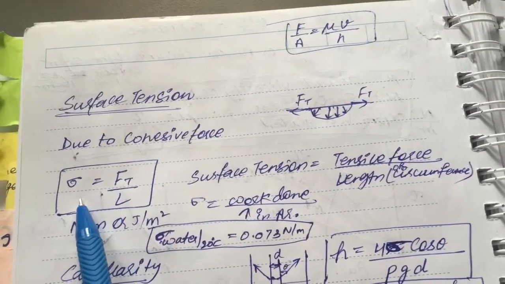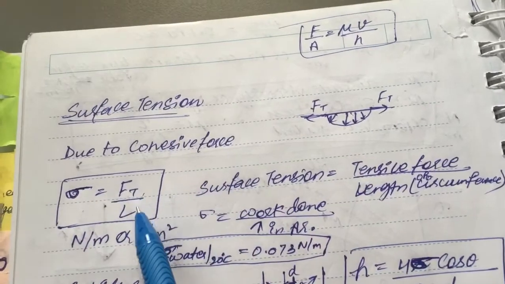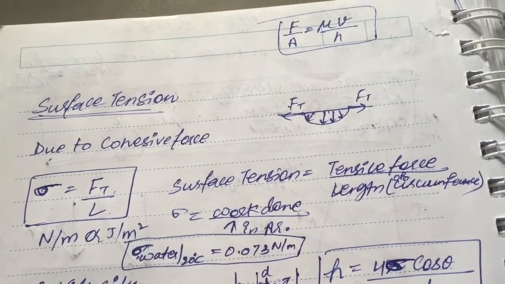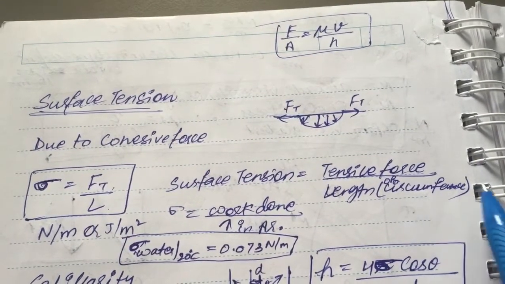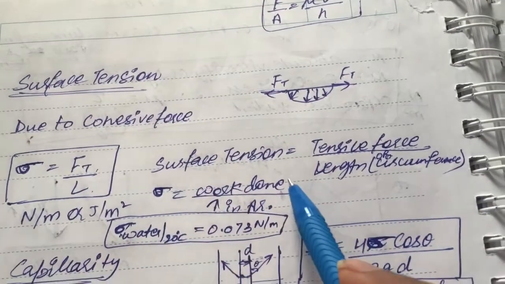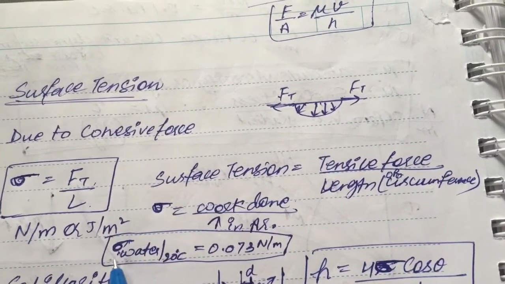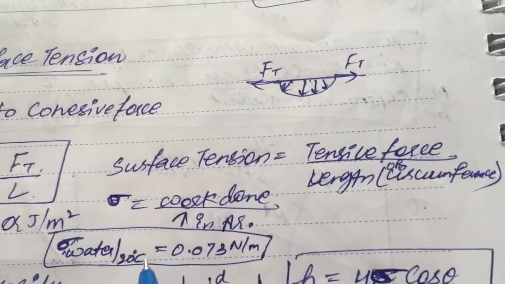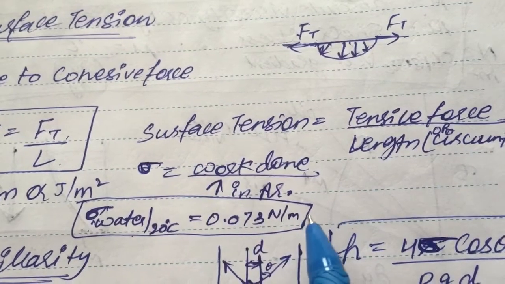Surface tension, denoted as sigma, is equal to Ft by L. Ft is basically tensile force upon length or circumference. So surface tension is equal to work done upon increase in area. And surface tension for water at 20 degrees Celsius is 0.073 Newton per meter.